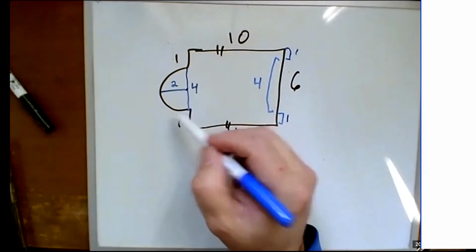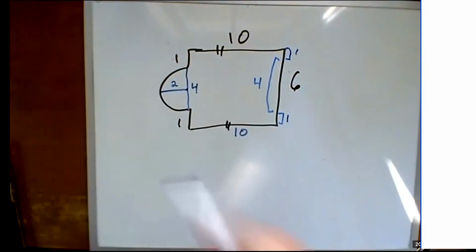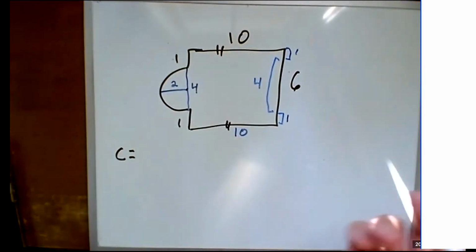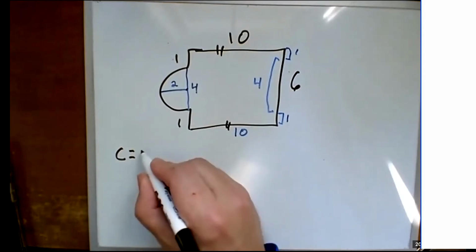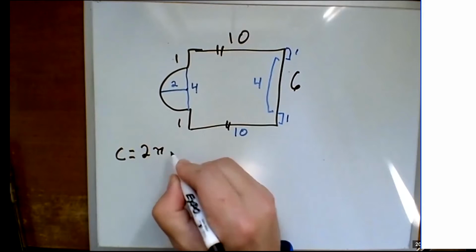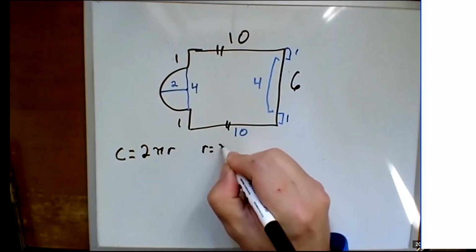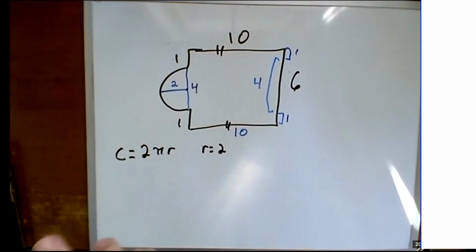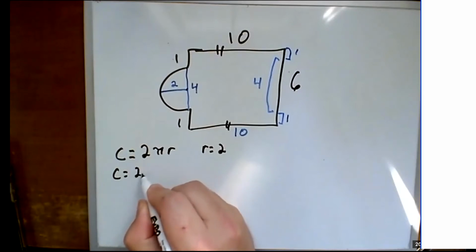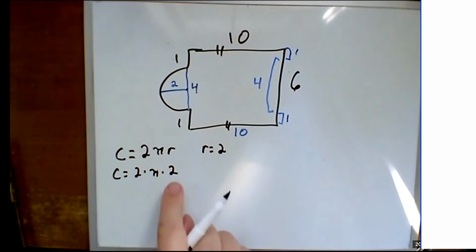It wants the perimeter, which means we need to find the circumference of this circle. And, sorry, the circumference of this half circle. So we start off by finding the circumference of the whole circle. Circumference is, of course, 2 times pi times the radius. Our radius in this case is equal to 2. So our circumference is going to be equal to 2 times pi times 2.